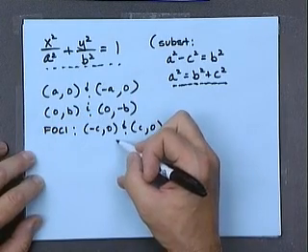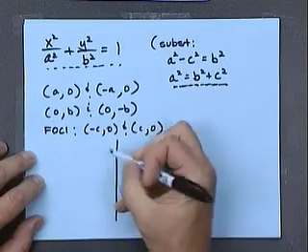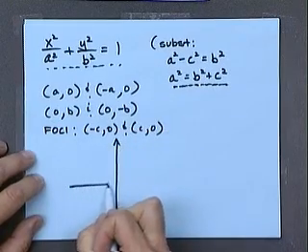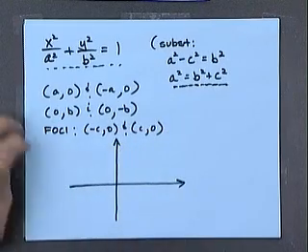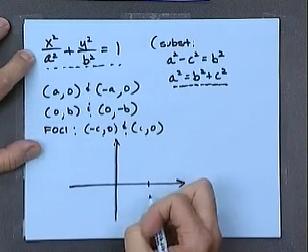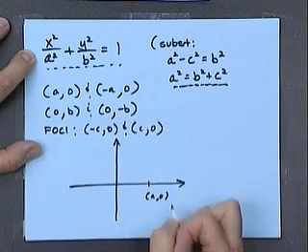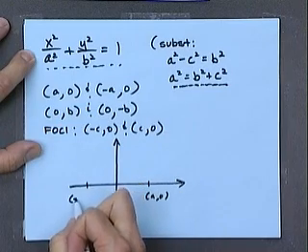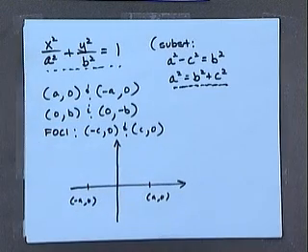Since I don't have my other diagram handy, if I had an equation given to me in this form, I would come out here A units to the left, A units to the right. Those would be the ends of the major axis, the larger, longer axis.